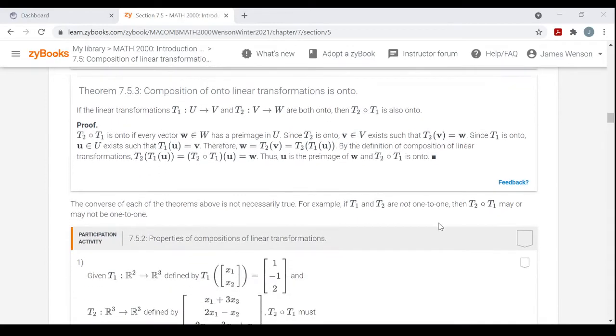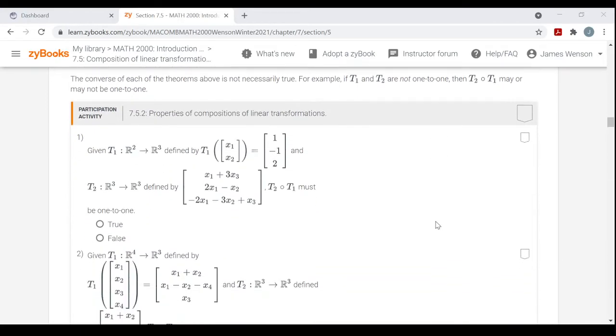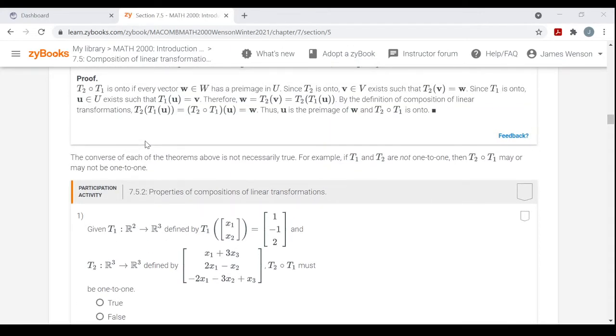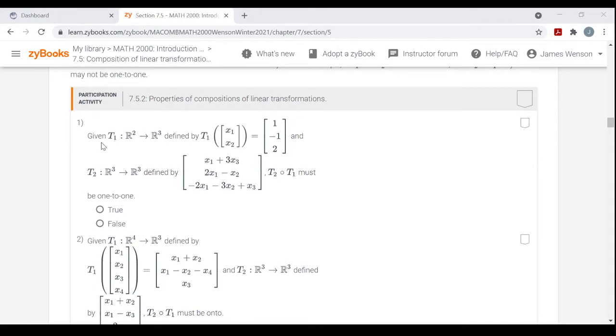So here, for example, applying these statements: given these two transformations, T2 composed with T1 must be one-to-one? Well, obviously this first transformation is not one-to-one because every single input is going to the same output.